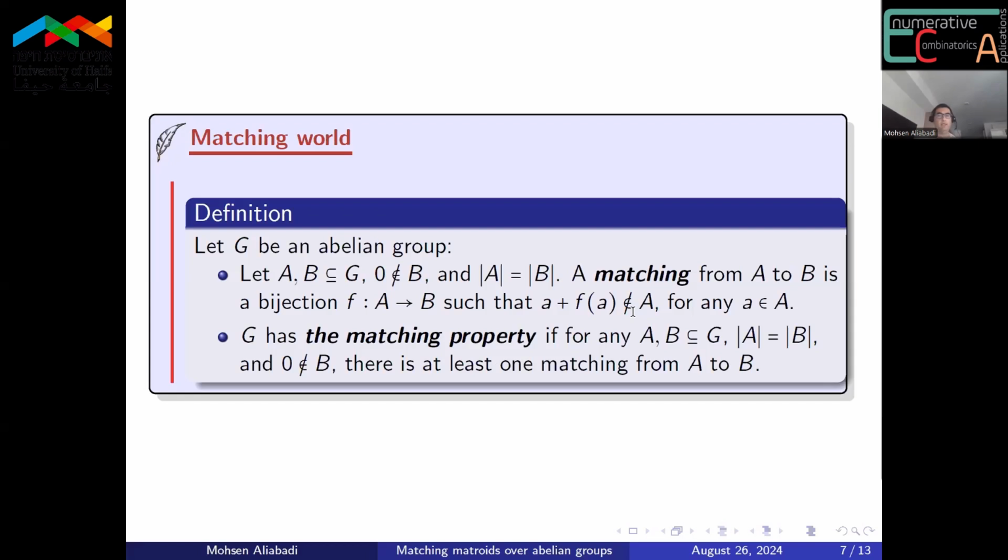We say a group has the matching property if for every two finite non-empty subsets of the group with these two properties, same cardinality and B not containing the neutral element, we secure the existence of at least one matching from A to B.